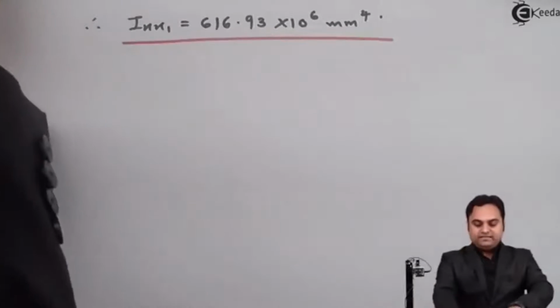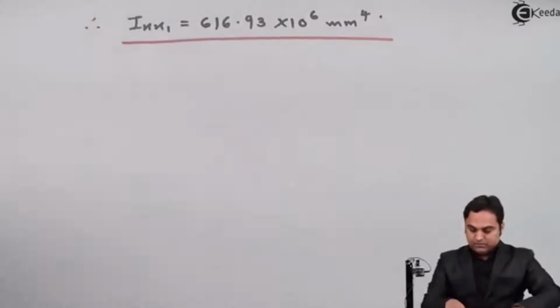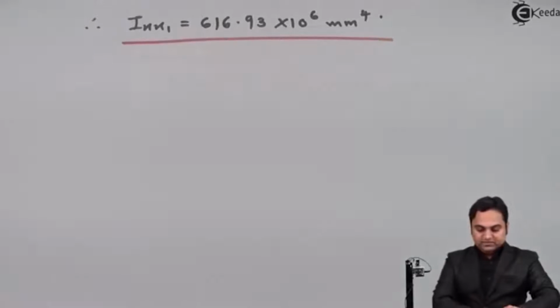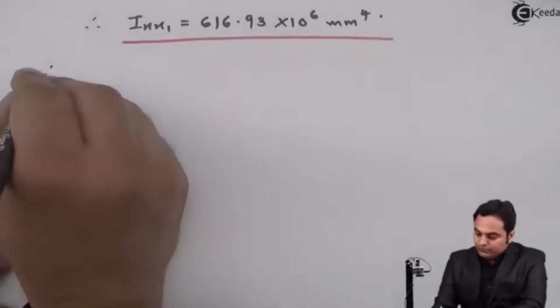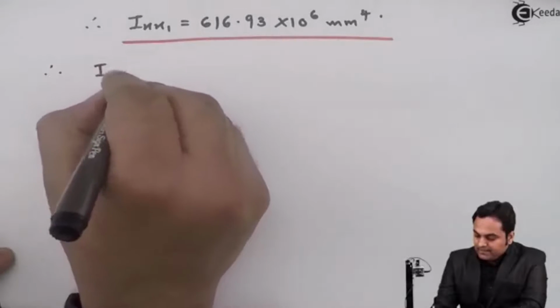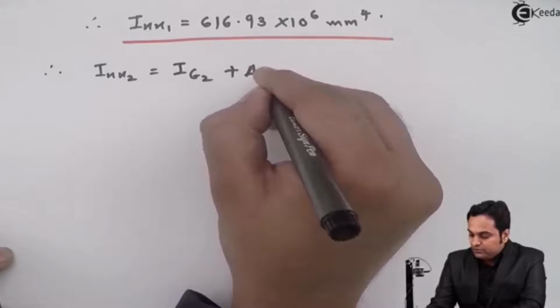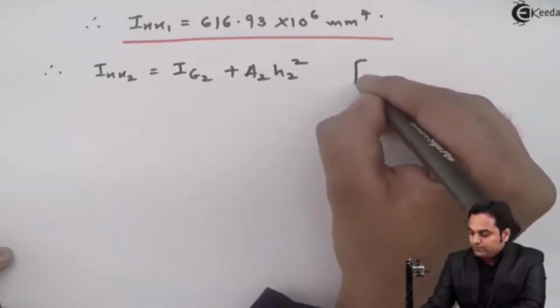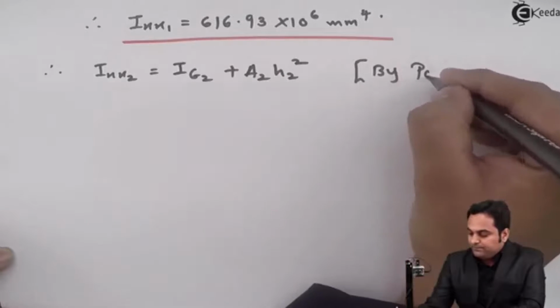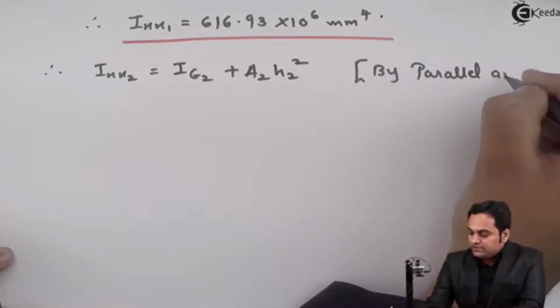Now after getting Ix1, I have to calculate Ix2 here. So therefore Ix2 is also Ig2 plus area 2 into h2 square, again by parallel axis theorem.